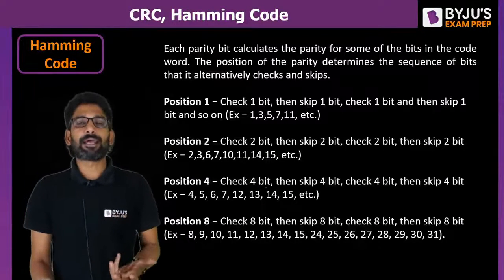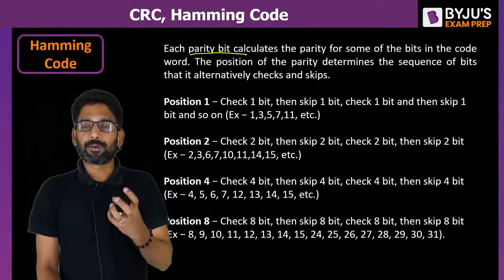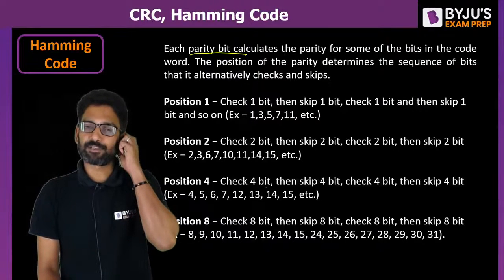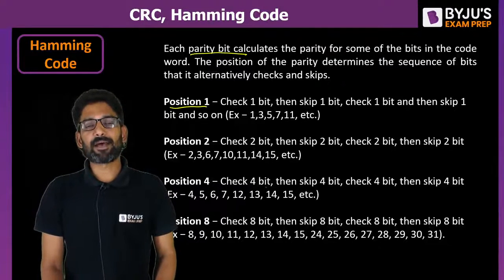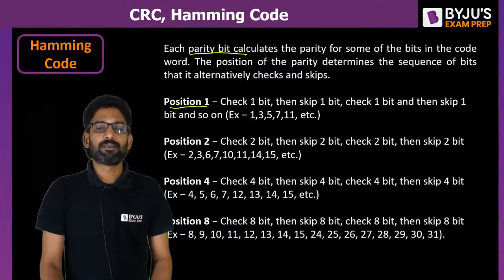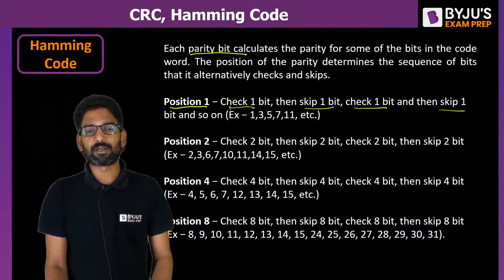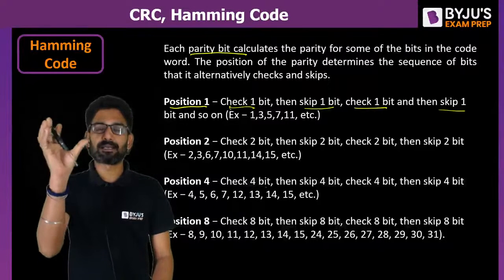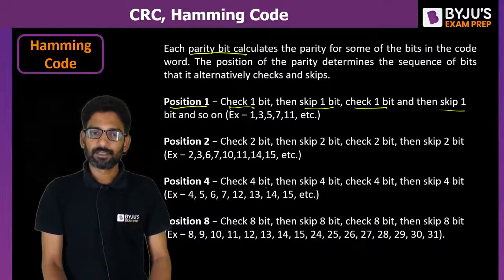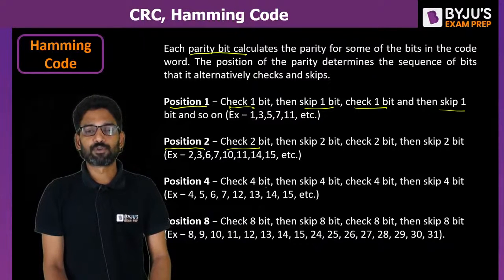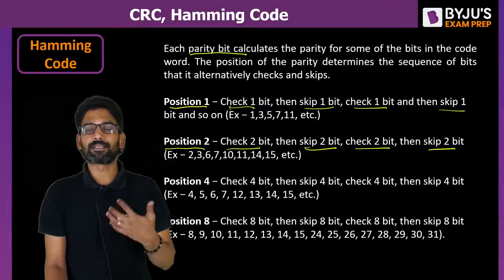Then we will calculate every parity bit, by performing exclusive OR operation between certain position bits. For the first parity bit, position 1, what we have to do? Check 1 bit, skip 1 bit, check 1 bit, skip 1 bit. So you take all alternate bit position values and perform XOR. Similarly, for position 2, you take 2 bits, then skip 2 bits, then again take 2 bits and skip 2 bits.